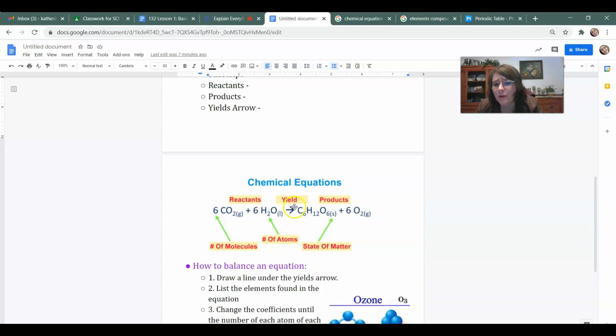There's no big number right here in front of the C6H12O6 or glucose. So what that means is that there's only 1 molecule of glucose. So we don't have to multiply these little numbers by anything. Or, I mean, we would be multiplying them by 1, but 6 times 1 is still 6. So we don't need to do that.